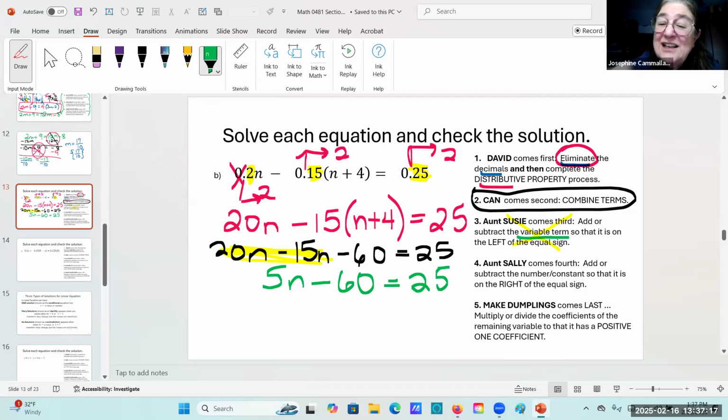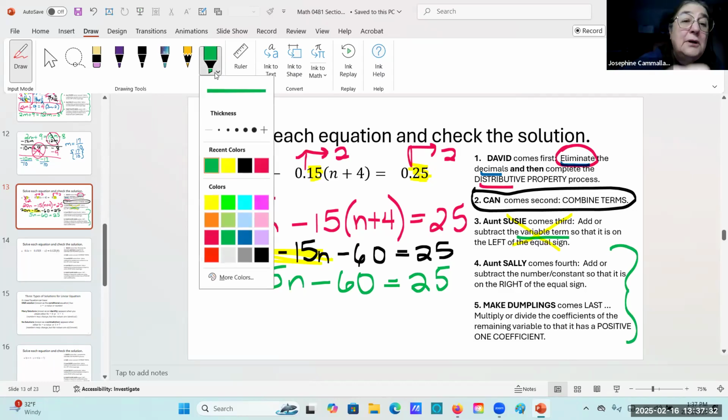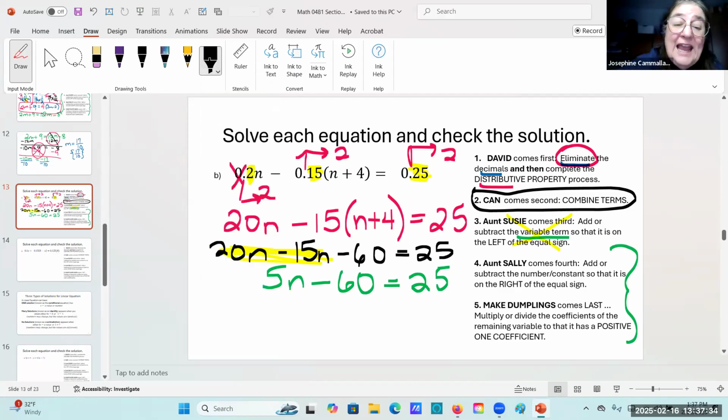There are not variable terms on either side. Now, we're down to the 2-step equation. I am going to add 60, which is going to give me 5n is equal to 85.